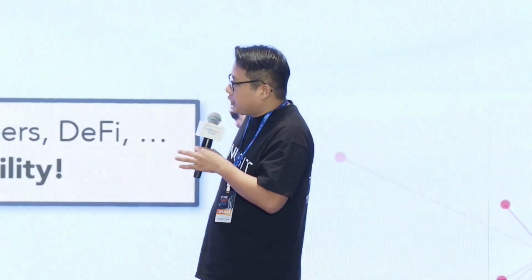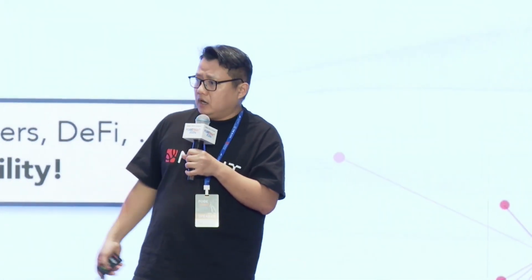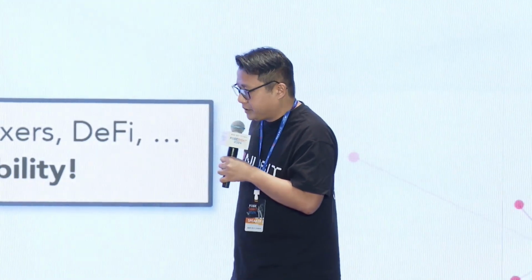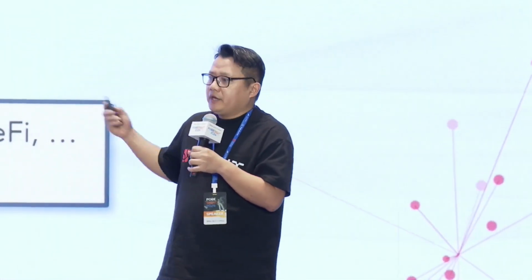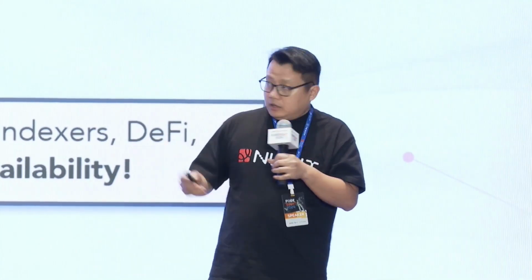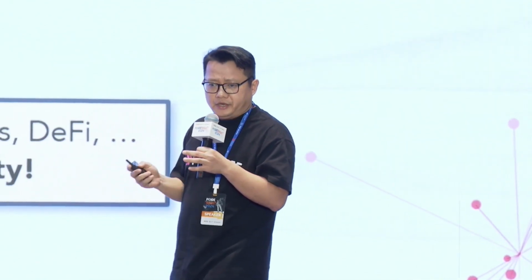So there's a huge conflict between, on one side, hundreds of different protocols coming into play, including L2, DeFi, Oracle, etc. And on the other hand, a lot of them are blocked by the bottleneck of data throughput.